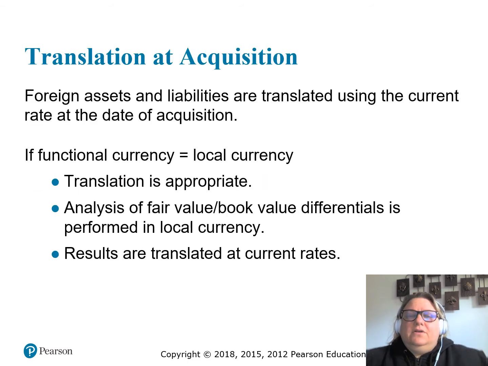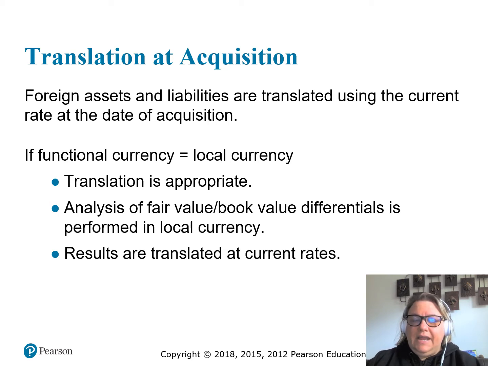Let's look at the foreign currency financial statements. Foreign assets and liabilities are translated using the current rate at the date of acquisition. So again, remember how we figured out in that chart what our functional currency was going to be. And we have to do that step first.